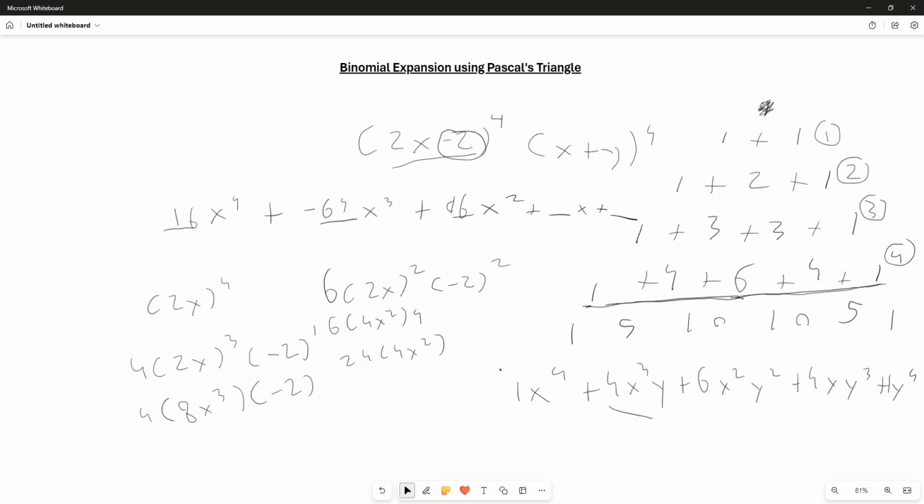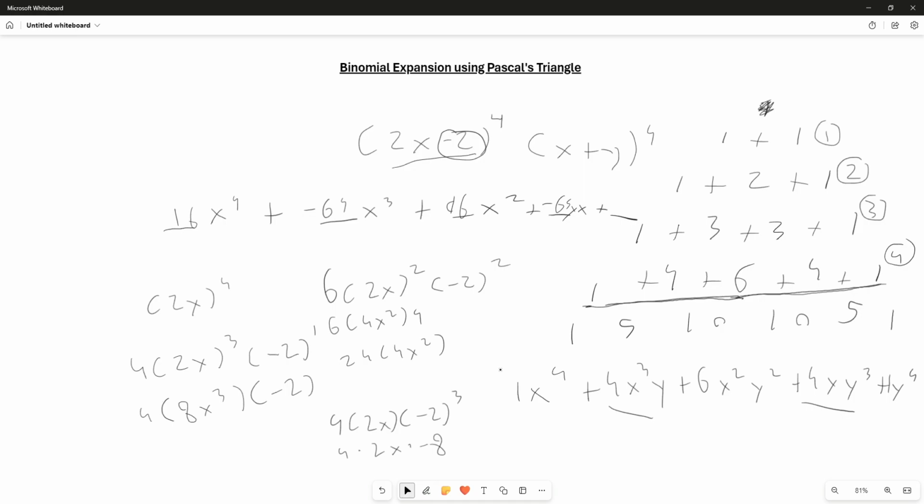Continuing along with the same exact pattern that we have been doing, the coefficient is 4, substituting 2x for x. For this part now is what we're on. Substituting -2 for y, so -2 to the third. -2 to the third gives you -8. 2x is just 2x, so it's 4 times 2x times -8. 4 times 2 gives you 8 times -8 is -64, so this is going to be -64x.